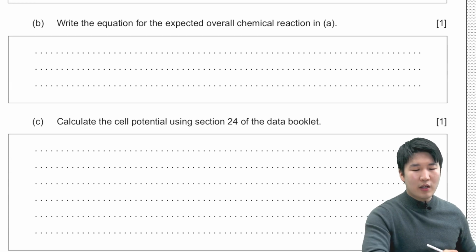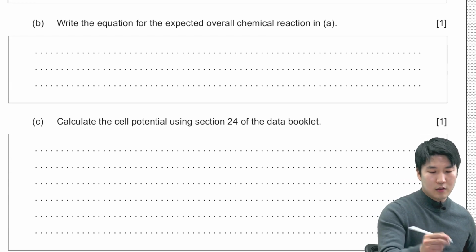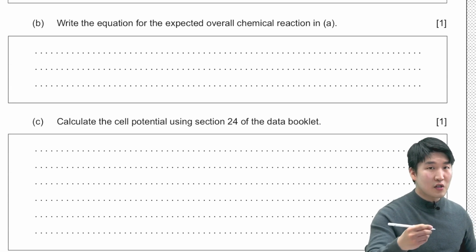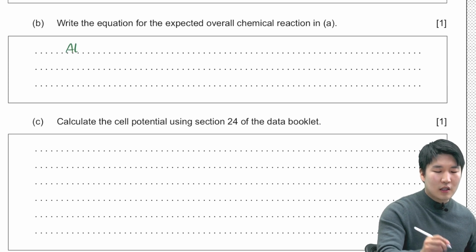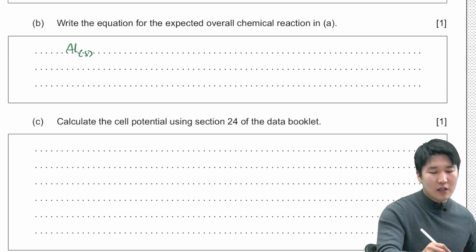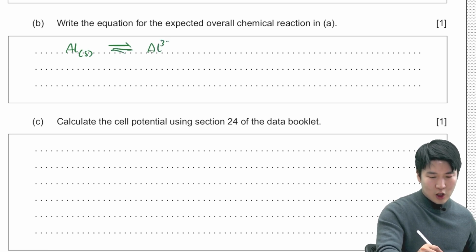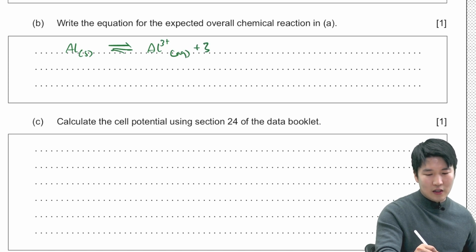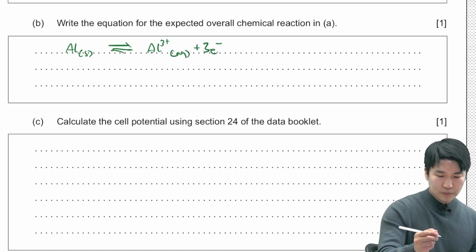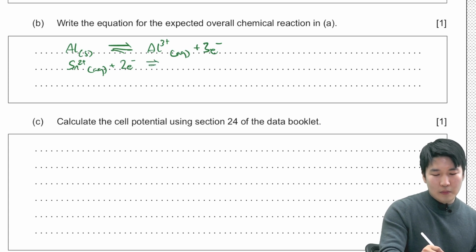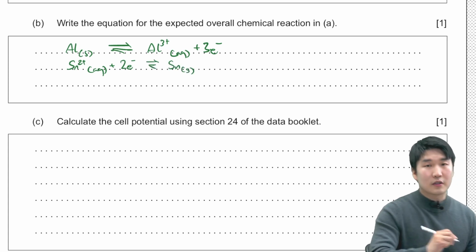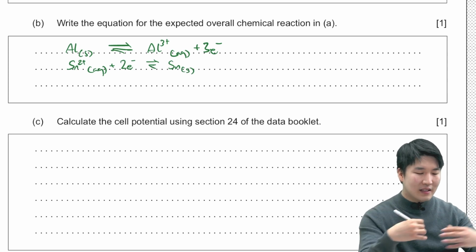The overall chemical reaction would be the simultaneous addition of the oxidation half equation and the reduction half equation. Let's write the oxidation of aluminium. Aluminium solid will oxidize to aluminium 3+ aqueous, releasing 3 electrons. Tin 2+ aqueous will gain 2 electrons to become tin solid. We want to add these 2 half equations.